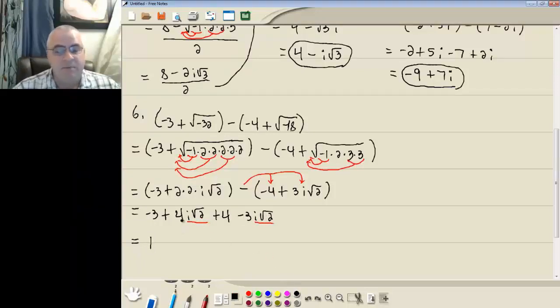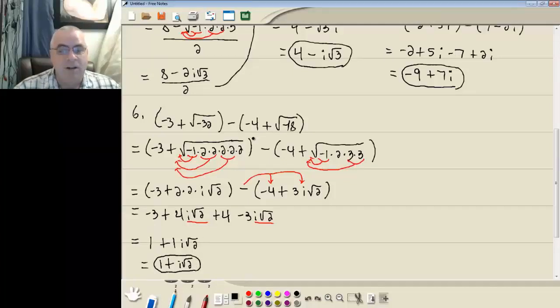So we'll add or subtract the numbers that are out in front. In this case, we got 4 minus 3, which gives us 1 i square root of 2, which simply gives us 1 plus i square root of 2. You could put the i after the square root of 2 if you wanted to, but that's fine for the answer. If you tried to put it into your calculator, it would not work, because the calculator does not give you radical answers.